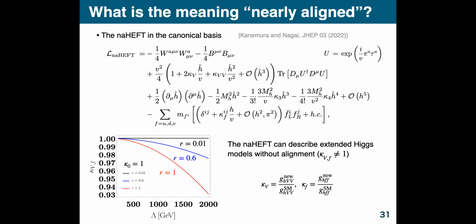So what do you mean by nearly aligned? Kappa close to one? Yes, as you pointed out, this part is the same as the ordinary Higgs EFT. This part is not special.